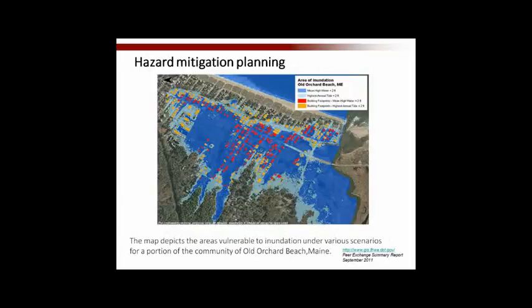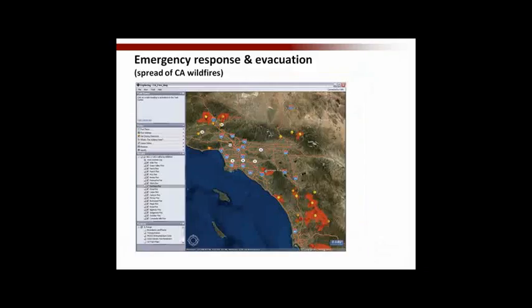This is a map of mean high water and high tide in an area of Maine. Emergency response and evacuation. This is California wildfires.